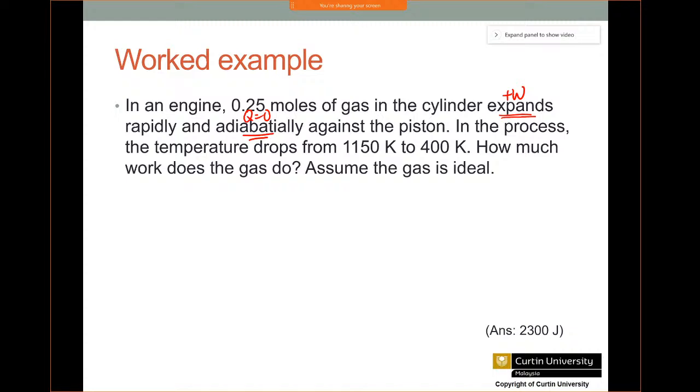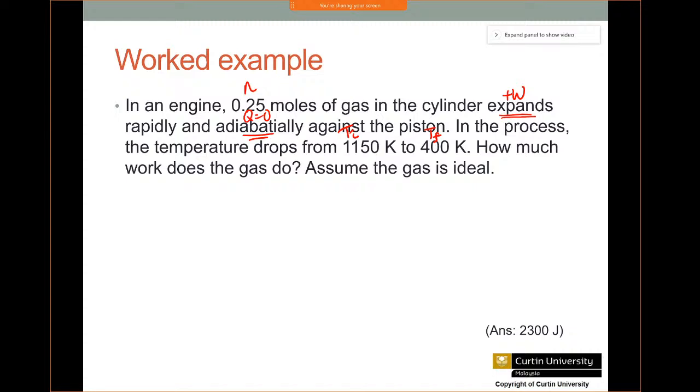So this is your T initial and this is T final. How much work does the gas do? Assume the gas is ideal. So 0.25 is the number of moles.